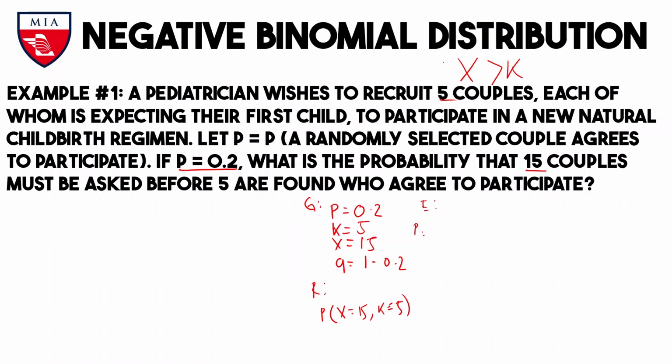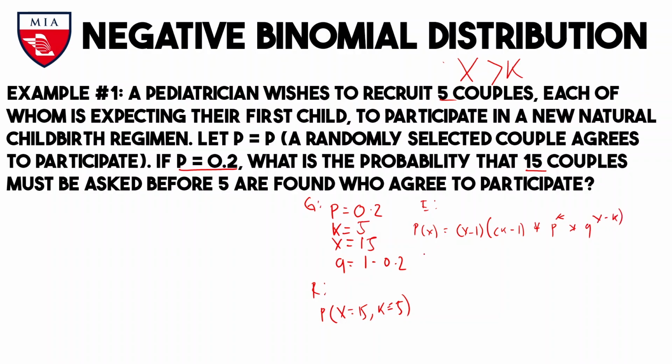So we have the probability of x is equal to (x minus 1) C (k minus 1) multiplied by p raised to k multiplied by q raised to x minus k.